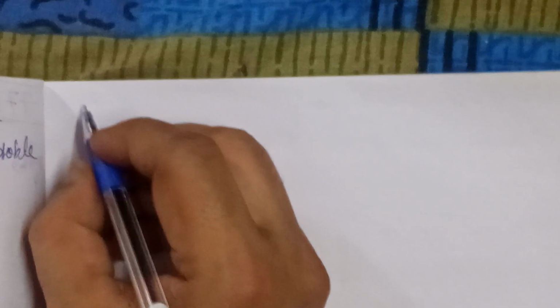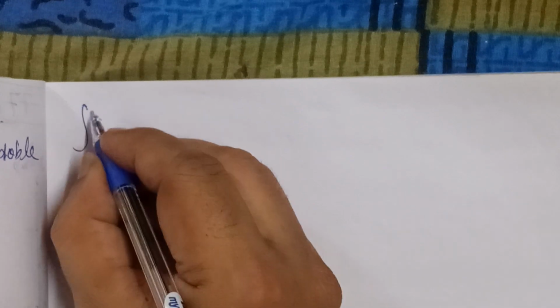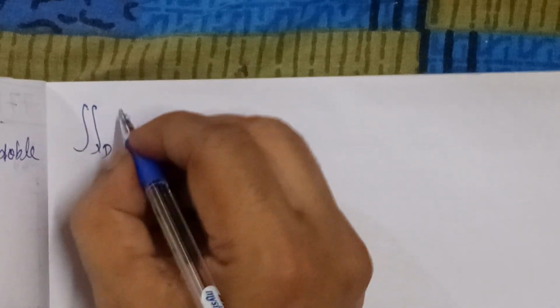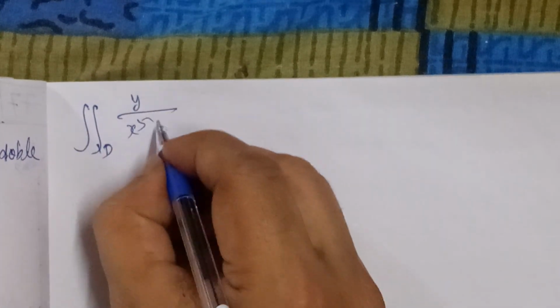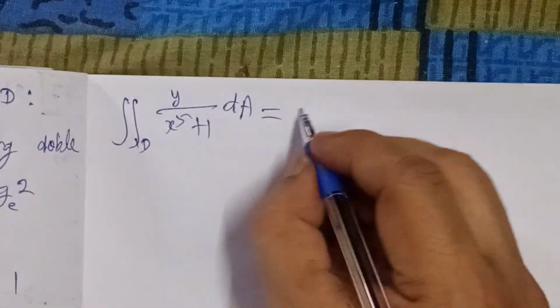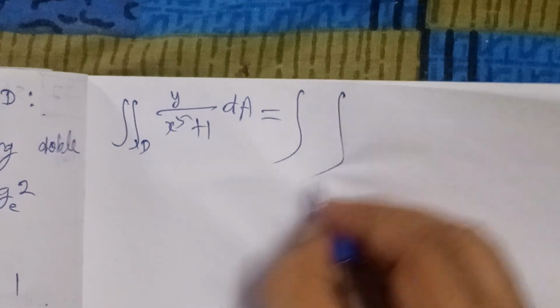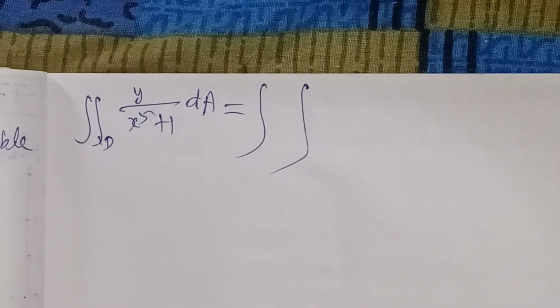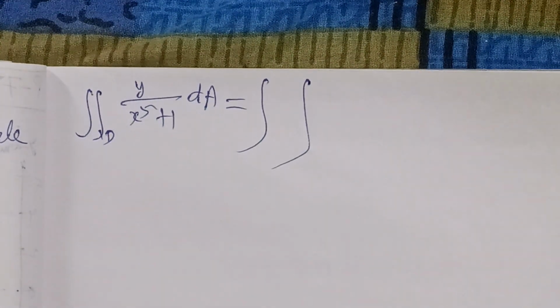You can find the required value of the double integral of y upon x to the power 5 plus 1. You have to prove it. So write the value of the limits, because on the right hand side we are given a constant value.